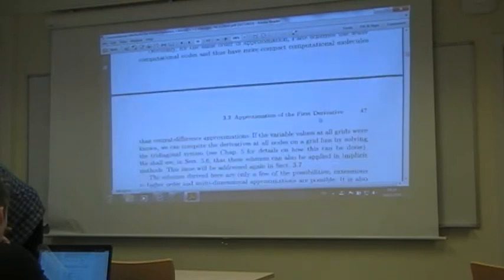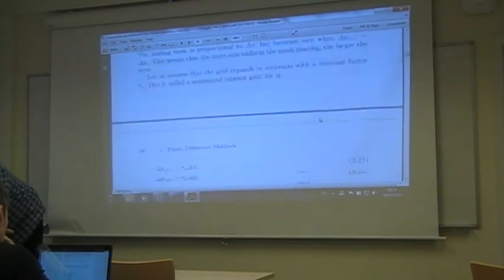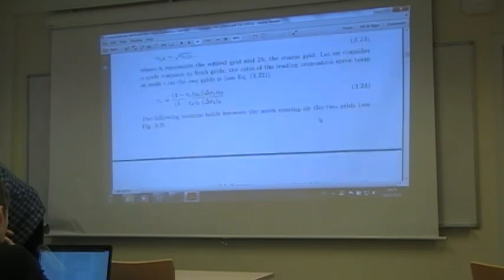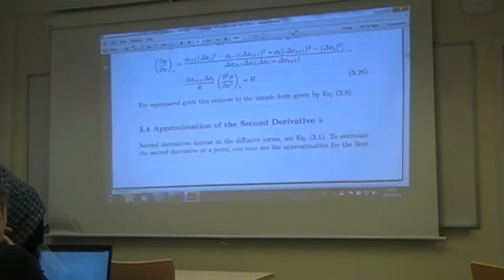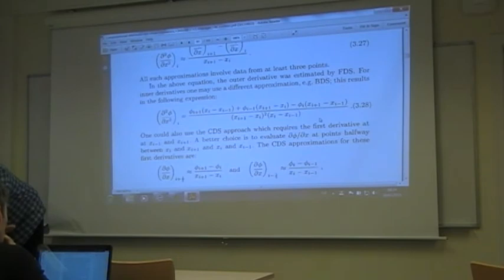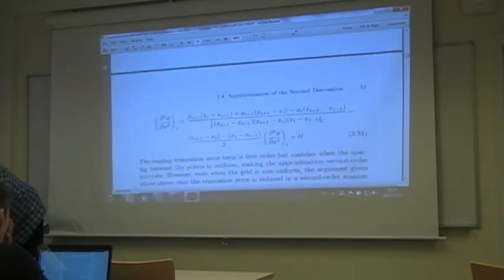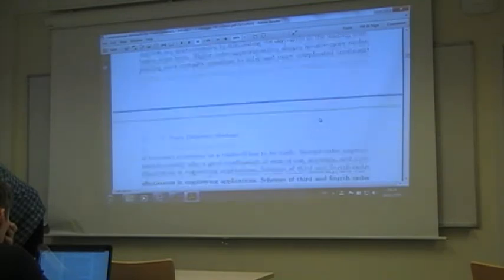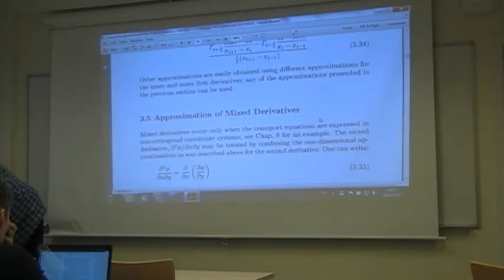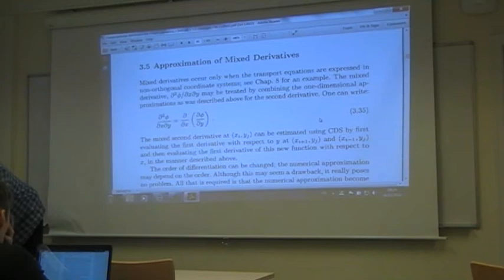You can have a look at this if you like. Second derivatives, as you have seen already. And even mixed derivatives, yes, no problem, discretizing something like this.